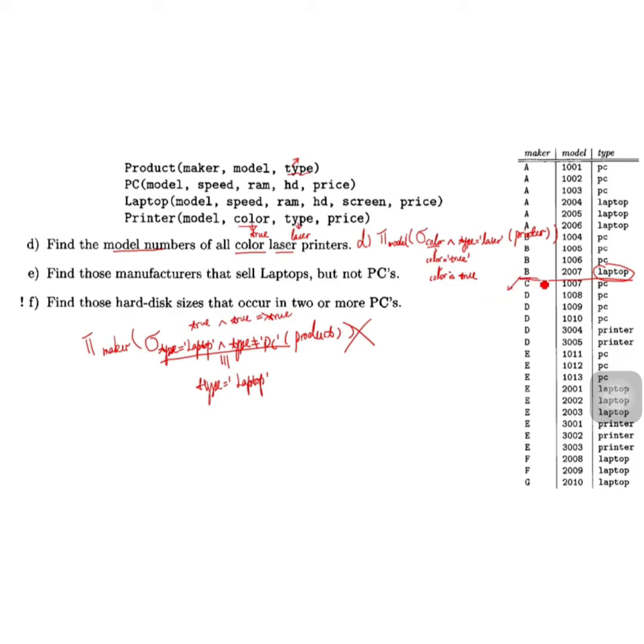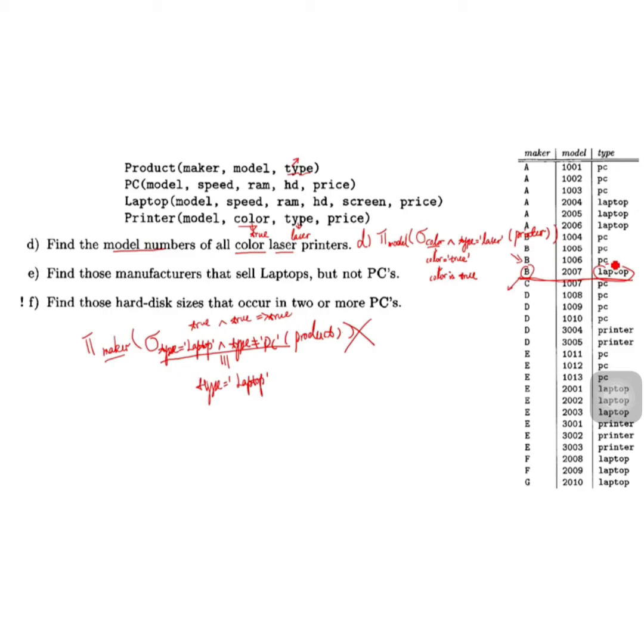So this tuple will be selected. So now project maker. So we'll get B. B is one of the results. But let's look at this sample.